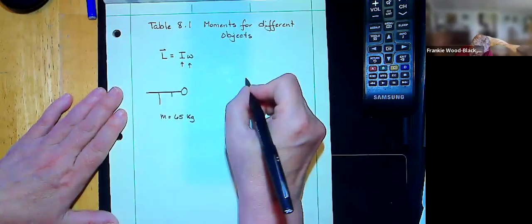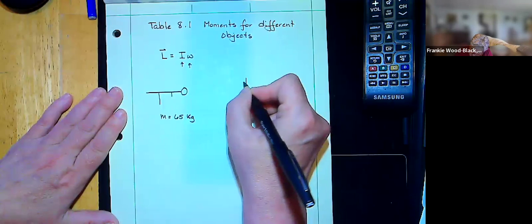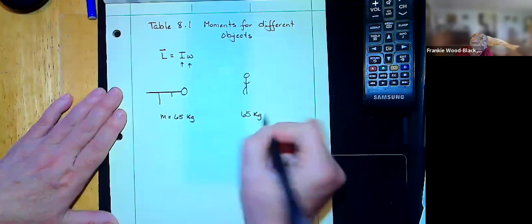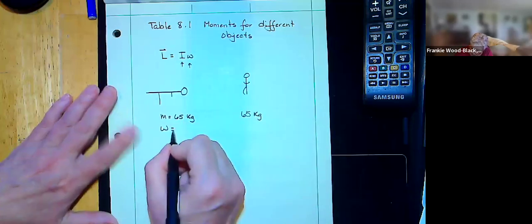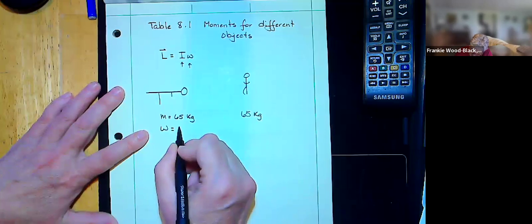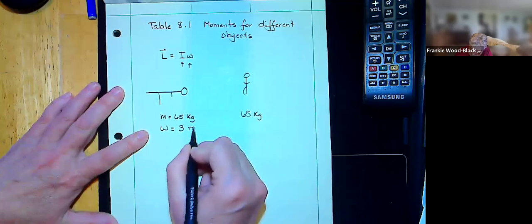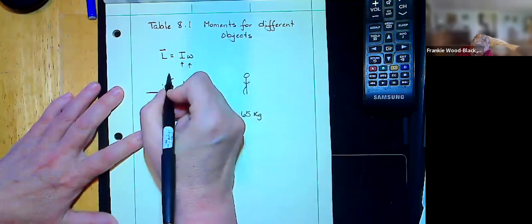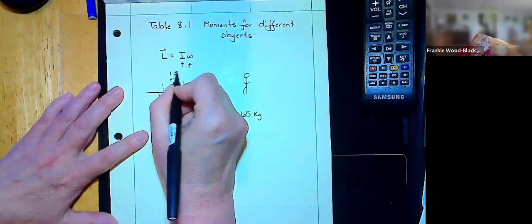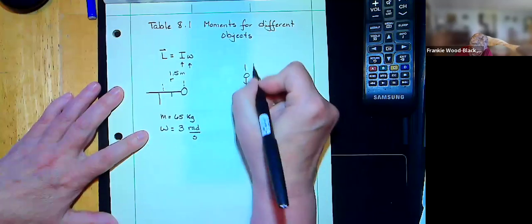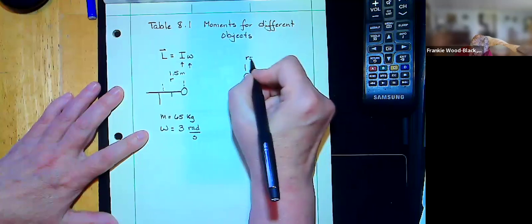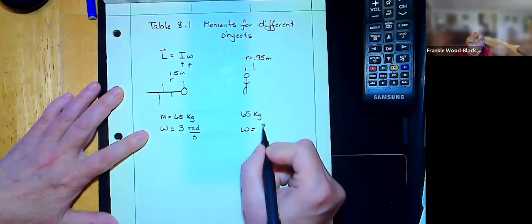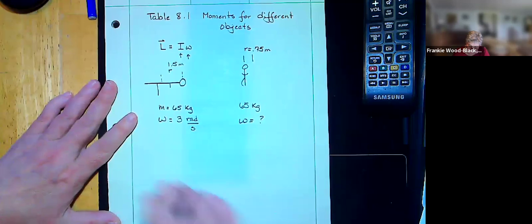And the mass of my ice skater over here is still 65 kilograms. If I'm rotating at an angular velocity of 3 radians per second, and we're given an R of 1.5 meters, and then here we've got an R of 0.75 meters, we want to know what the new angular velocity is.